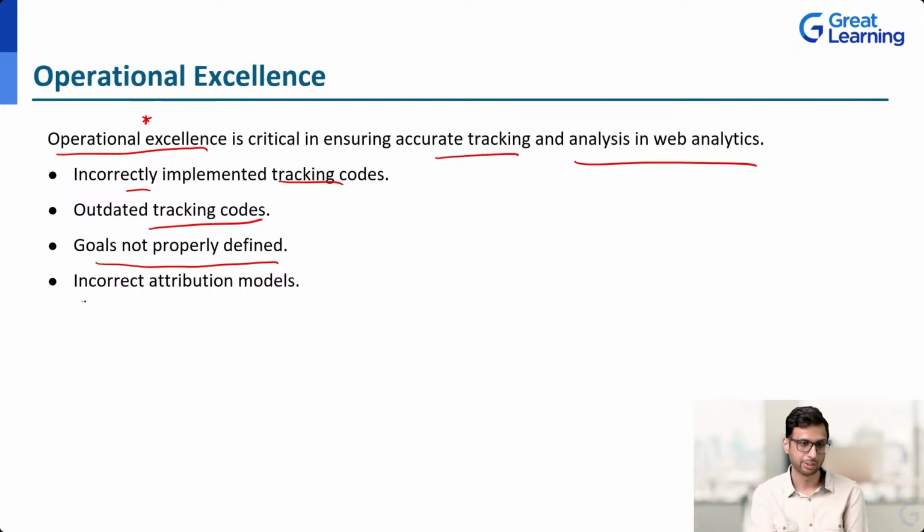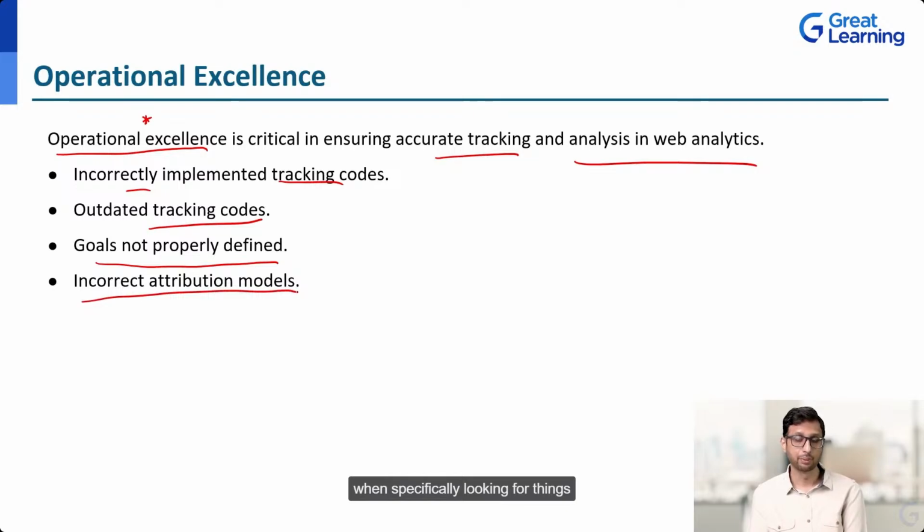Incorrect attribution models. When specifically looking for things such as conversion, it is important to understand which channel specifically gave you that conversion, and here having a clearly defined attribution model. Attribution here means, if I have a conversion, who is responsible for this conversion? Is it search? Is it social? Is it affiliate? Who exactly should I credit for this conversion? And getting this incorrect means that you are using the wrong channels.